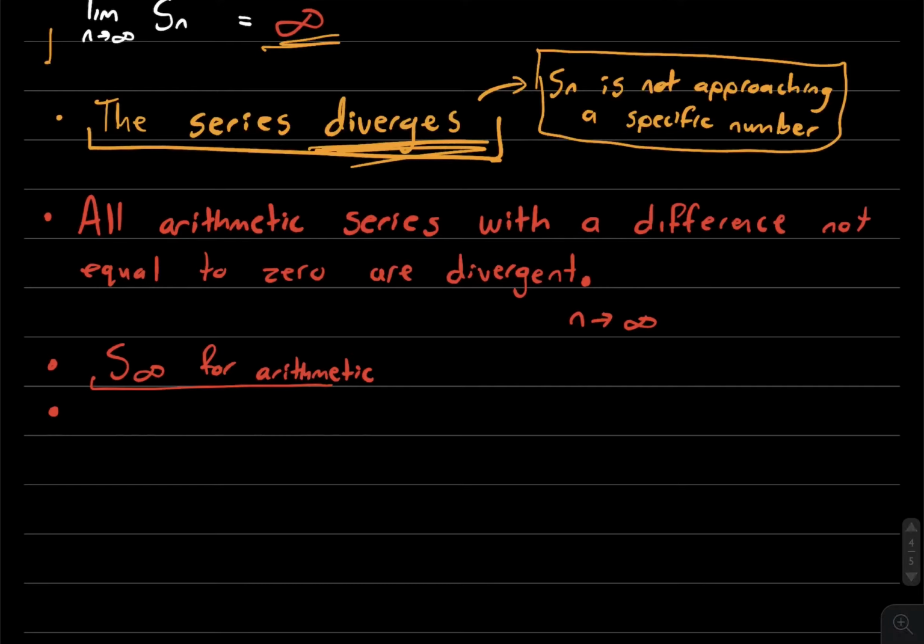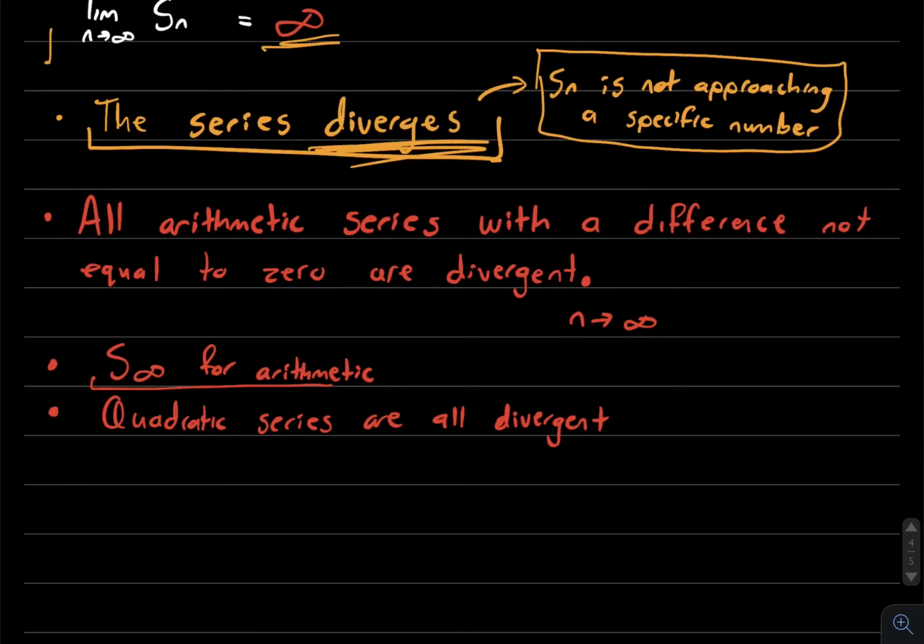And if you go actually a bit further, you'll realize that quadratic series are all divergent too. Same as the arithmetic, they're all divergent. So there's no use in calculating the sum to infinity for arithmetic and quadratic series.